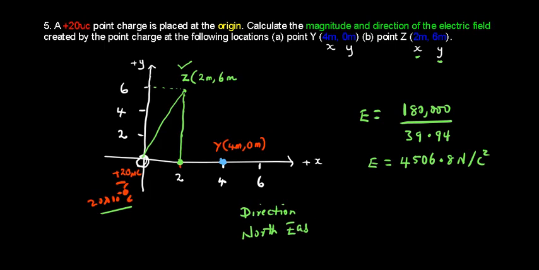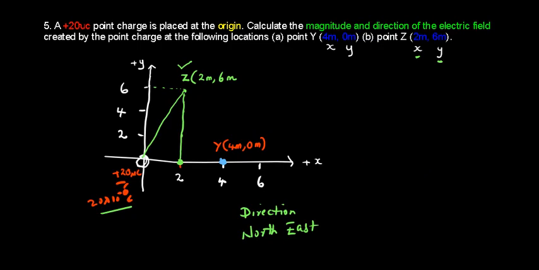So we can also go ahead to calculate it. Let's bring back our triangle and see how we can do that. Remember, this is the triangle we had. This is 6 meter, and this is 2 meter.